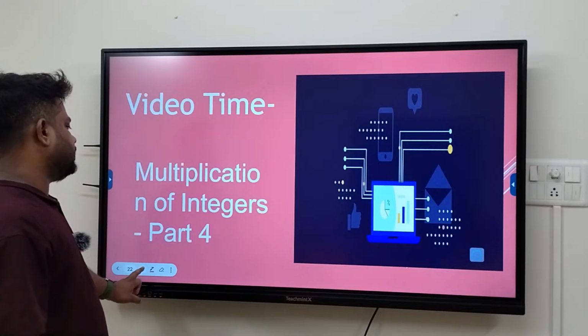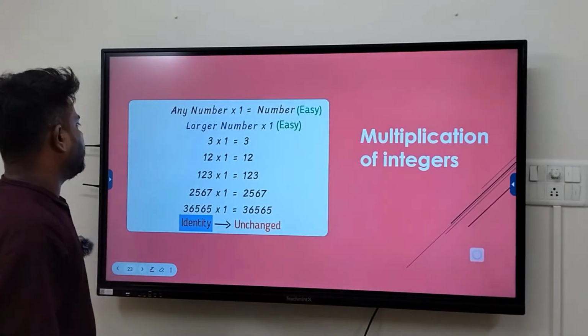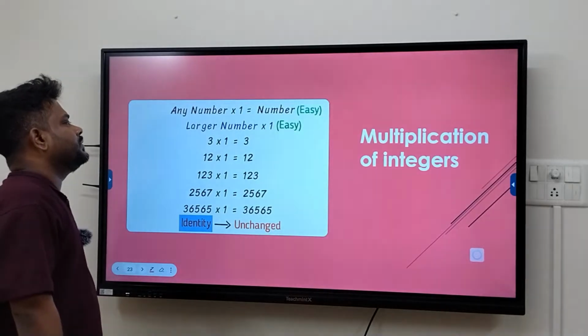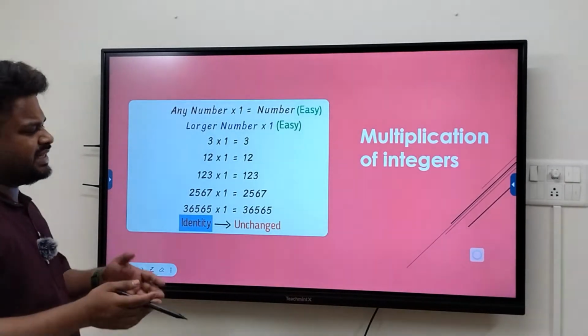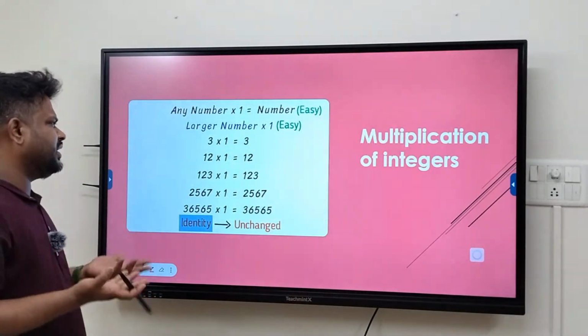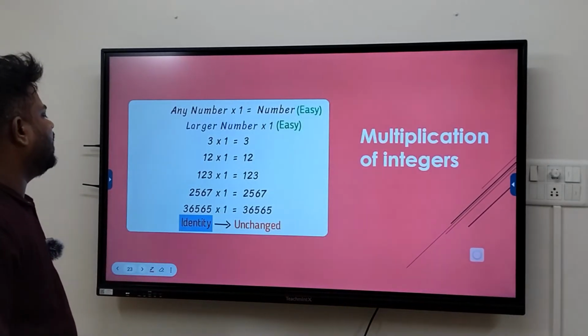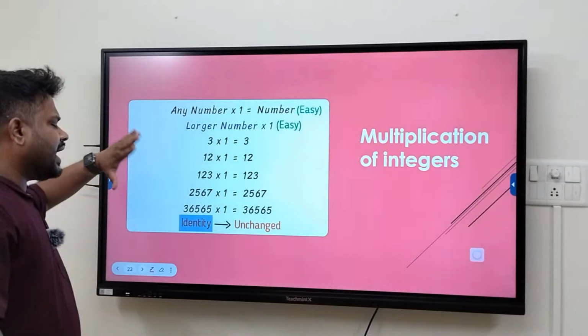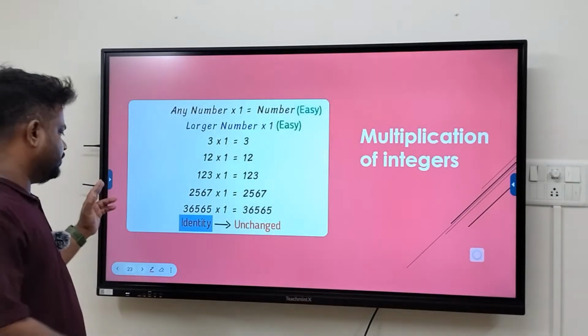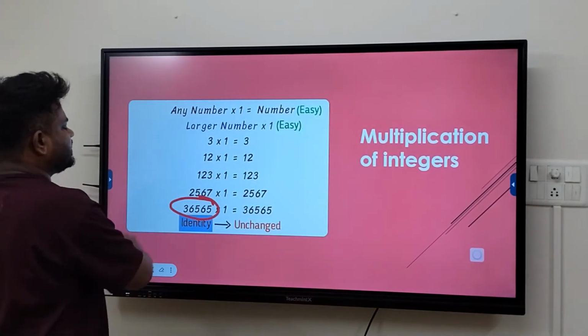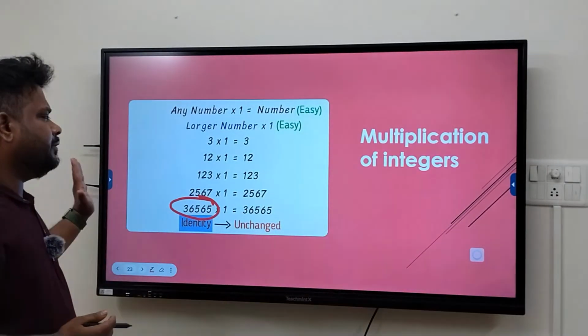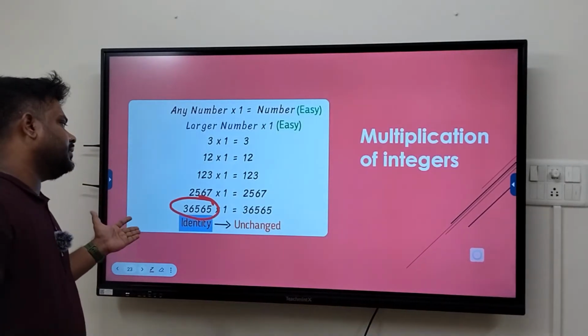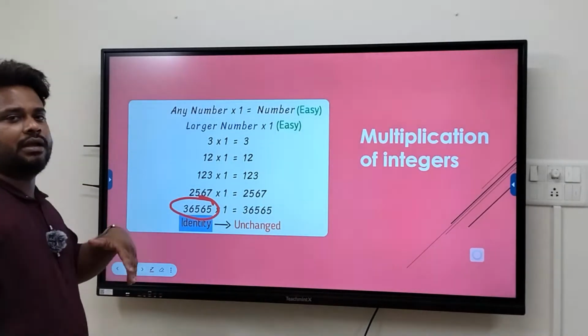So this one is another video, I am not playing it here. Okay. Any number into 1 is equal to that number. This is an easy rule and you already know that. Okay. And be it any kind of number, as big as you can think, if multiplied with 1, the answer will be that number itself.